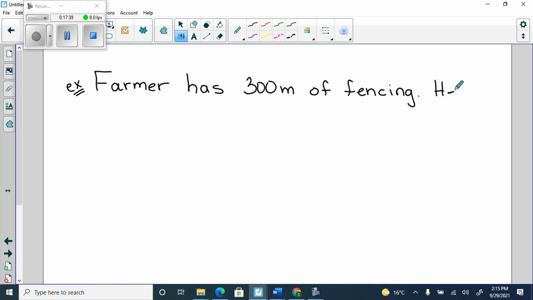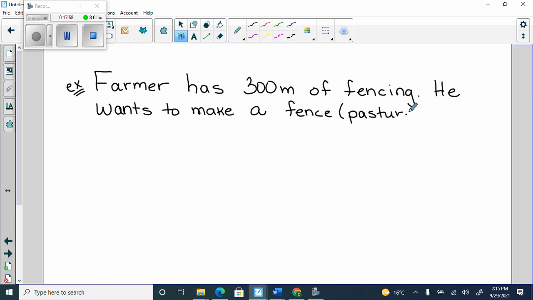He wants to make a fence or pasture, we could say, against the river.